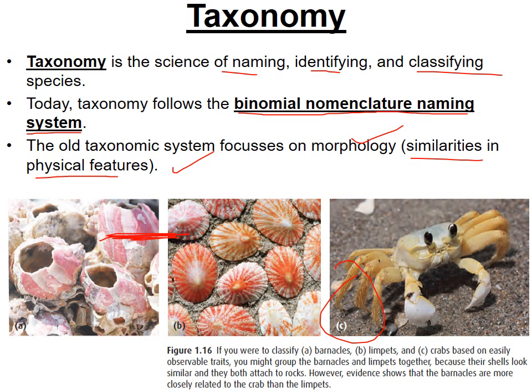However, based on DNA evidence and other research, we actually know that the barnacles, which are these ones here, are more closely related to the crab than they are to the limpets, which are these ones over here. So we don't always stick with morphology anymore. As we get more information, we sometimes reclassify things. That's important to understand as we go through this unit.